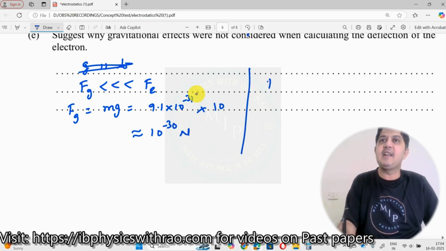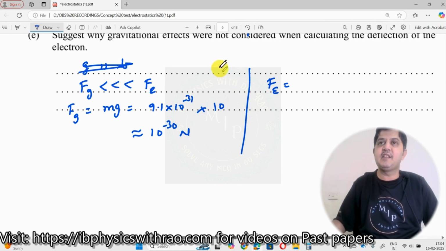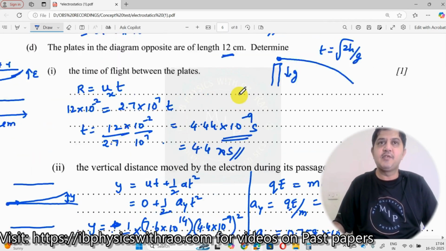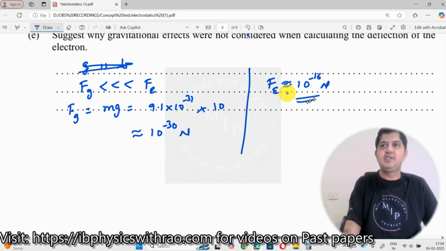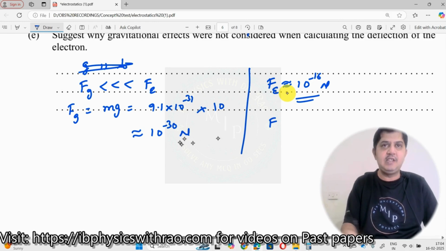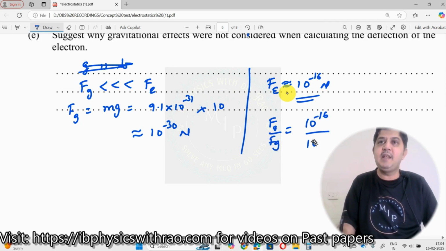And if I take the electric field, what is the force that I have taken? The force due to the electric field is 10 power minus 16, merely 10 power minus 16 Newton. So you compare between these two. If I do Fe by Fg, I get 10 power minus 16 by 10 power minus 30, which happens to be 10 to the power of plus 14.